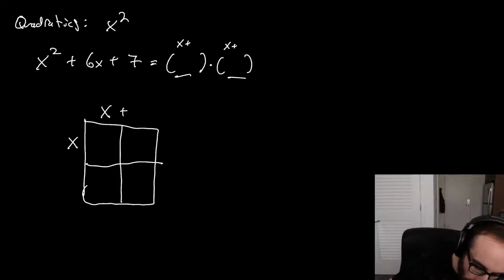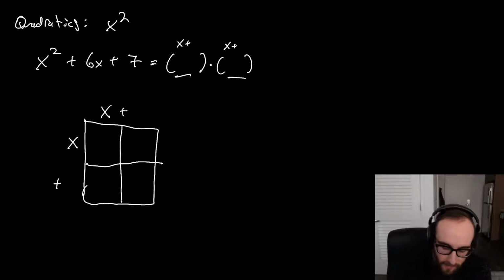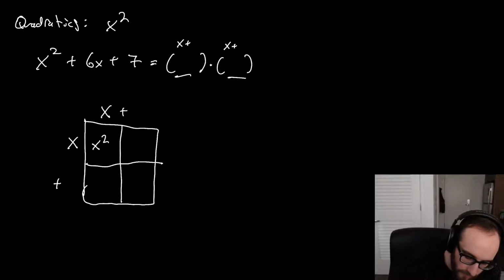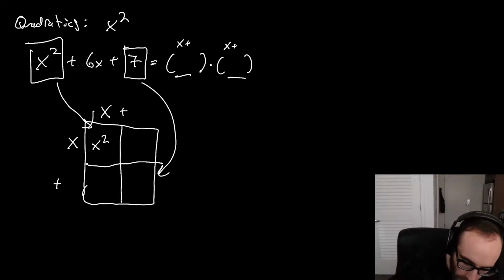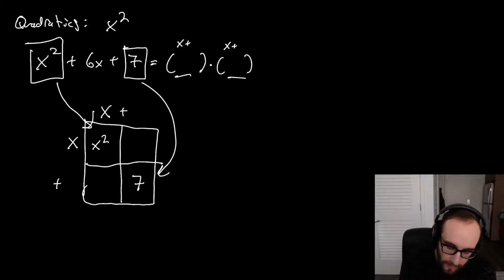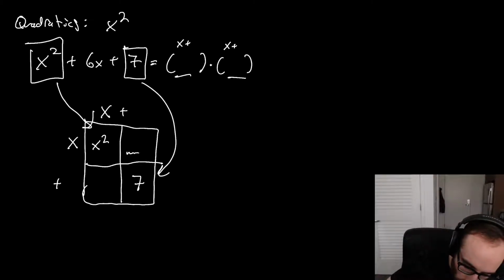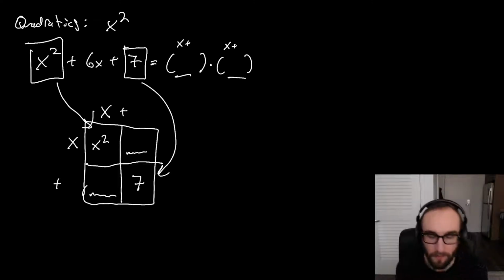If we have an x squared in the front, we know we'll have an x and an x for these two spots to give us an x squared. When we fill out the area model, the first term is going to go in the first box, and the last term is going to go in the bottom right box, 7. Then our goal is to fill out these two boxes so that we can find these missing parts of the factors or the binomials.